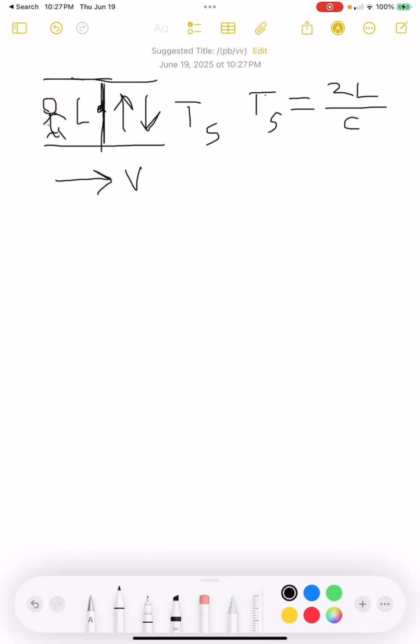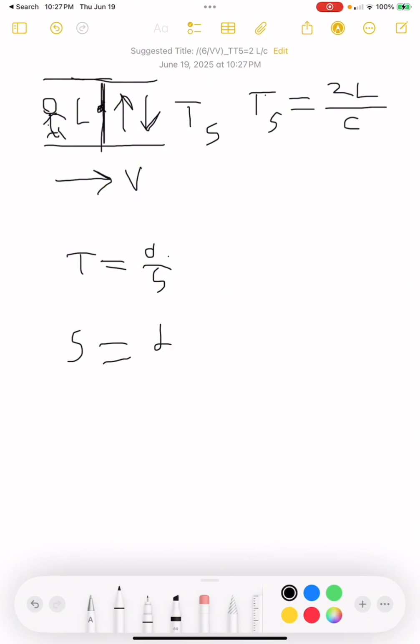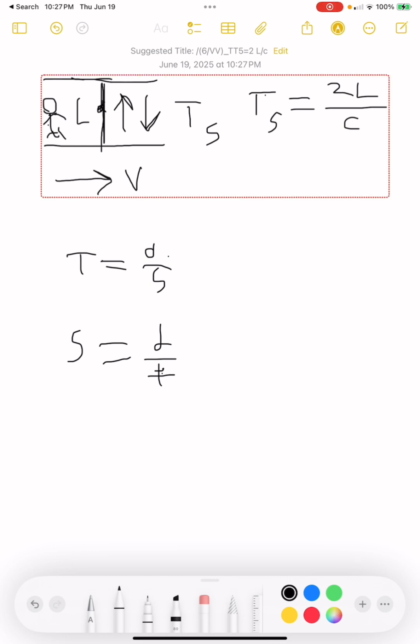Because we know that time is distance over speed. We can denote that because we know speed is distance over time, right? We can multiply t by both sides to get speed times time is distance.